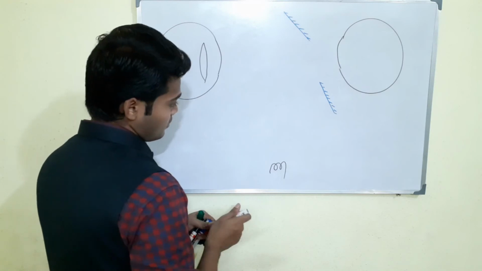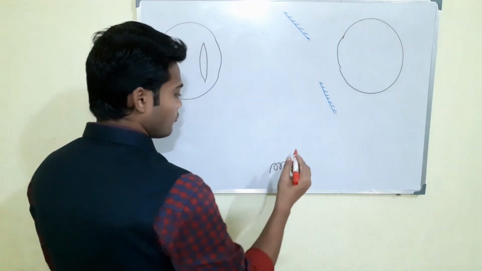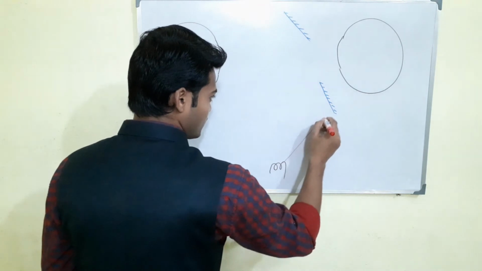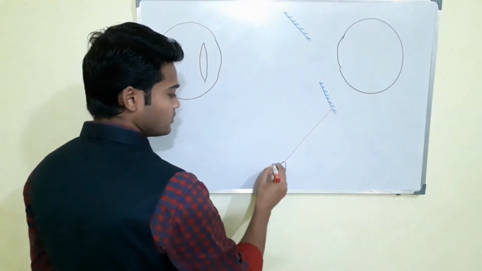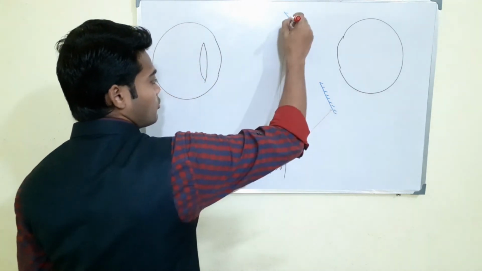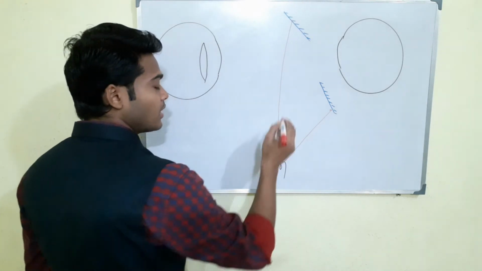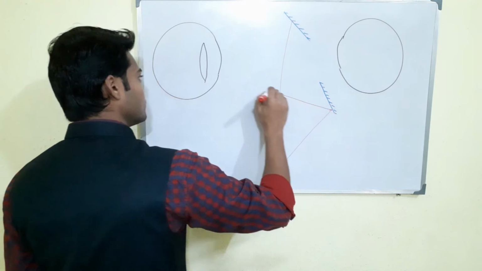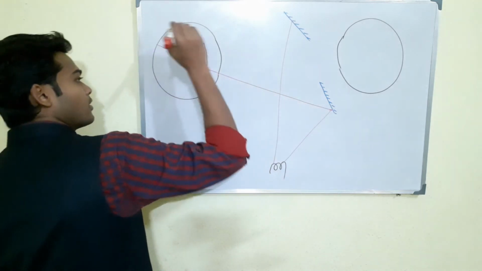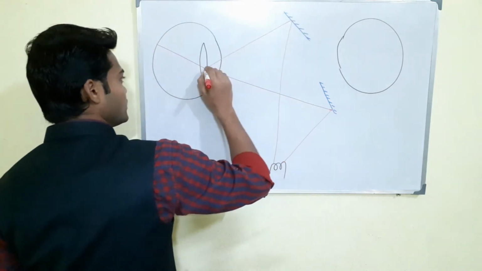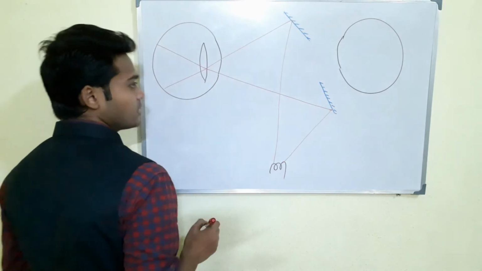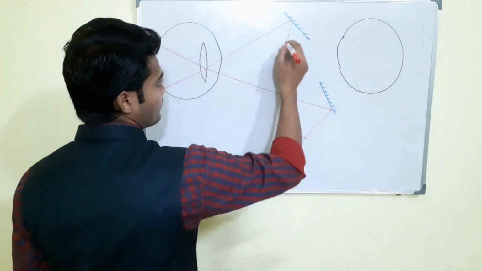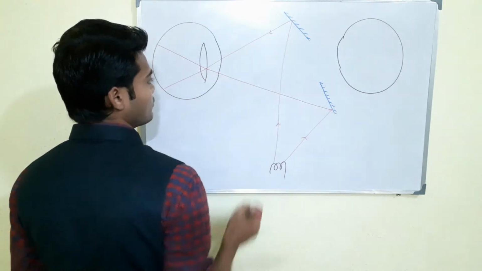When light emerges from the bulb, it goes there, and then the light simply enters the eye. I think that is clear to everybody. This is the arrow, the direction of light.